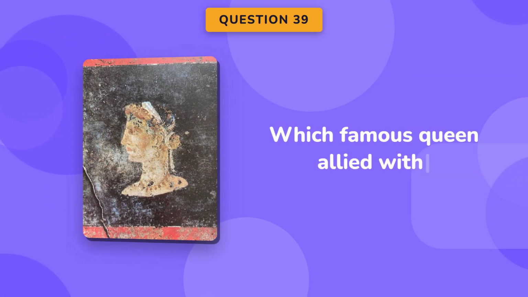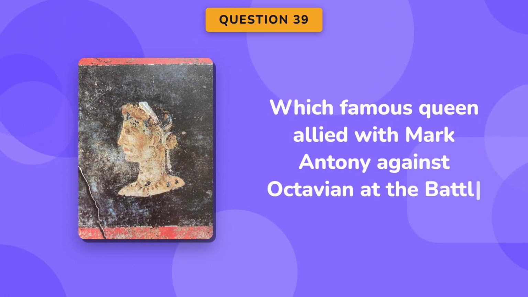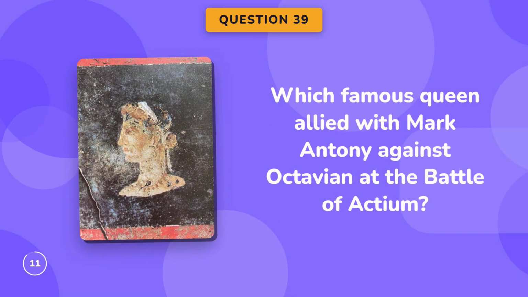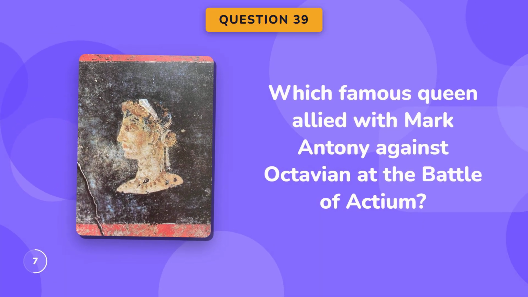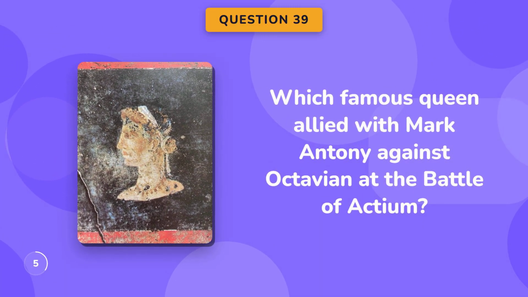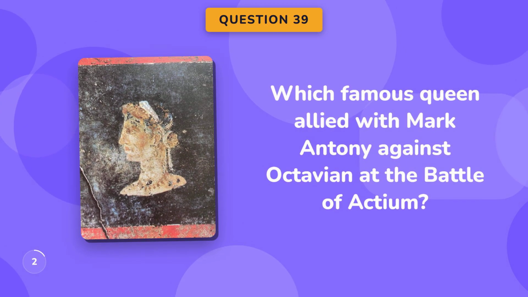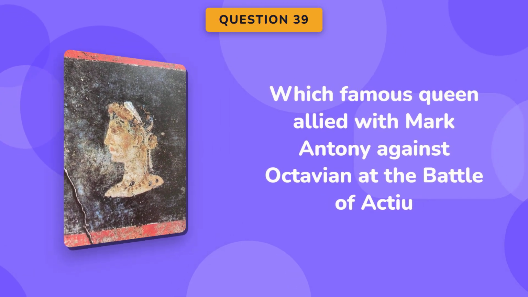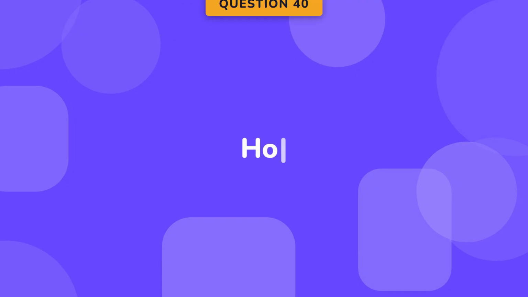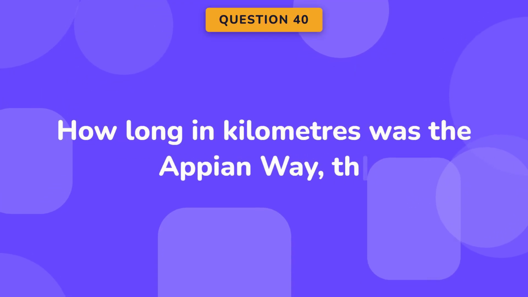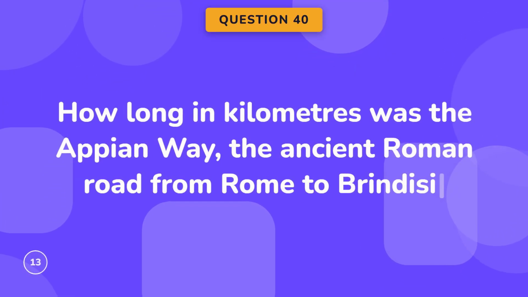Which famous queen allied with Mark Antony against Octavian at the Battle of Actium? How long in kilometers was the Appian Way, the ancient Roman road from Rome to Brindisi?